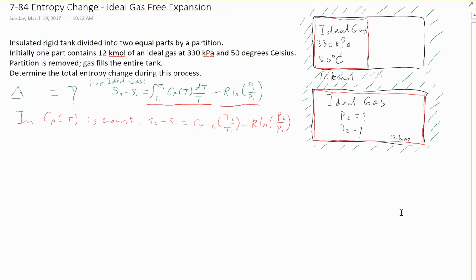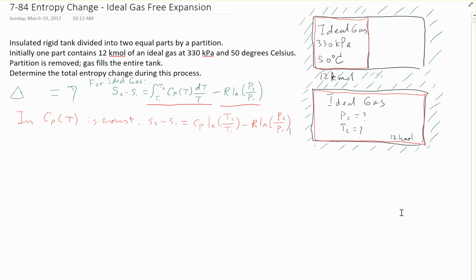Okay, in a free expansion process, the key thing that we need to recognize is that the system doesn't do any work in this process. It pushes against a vacuum. So there's no effort, there's no need for the system to make an effort. It pushes against nothing.